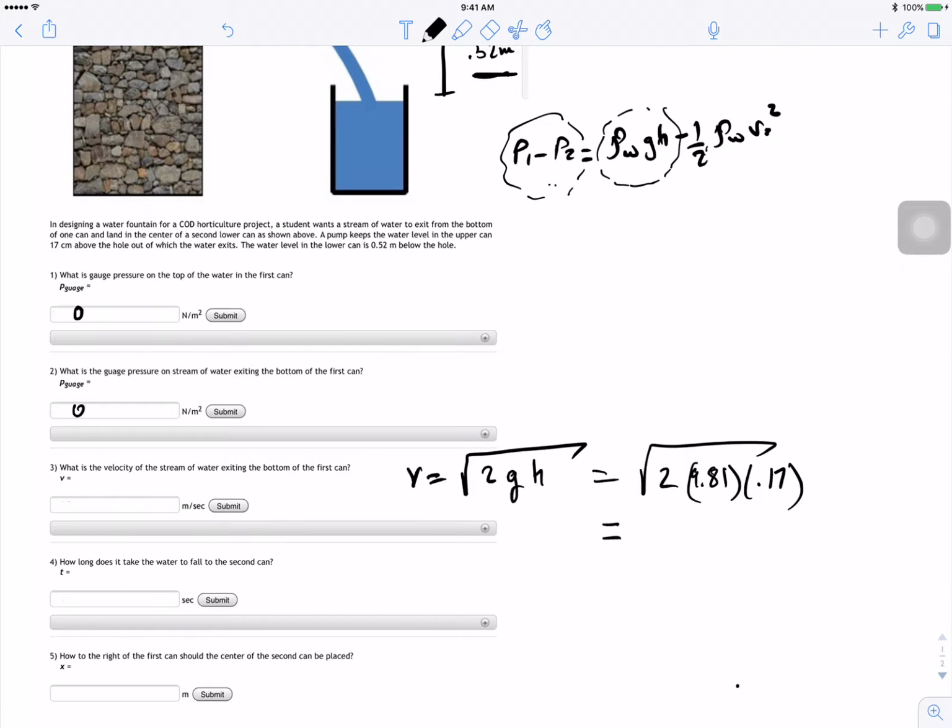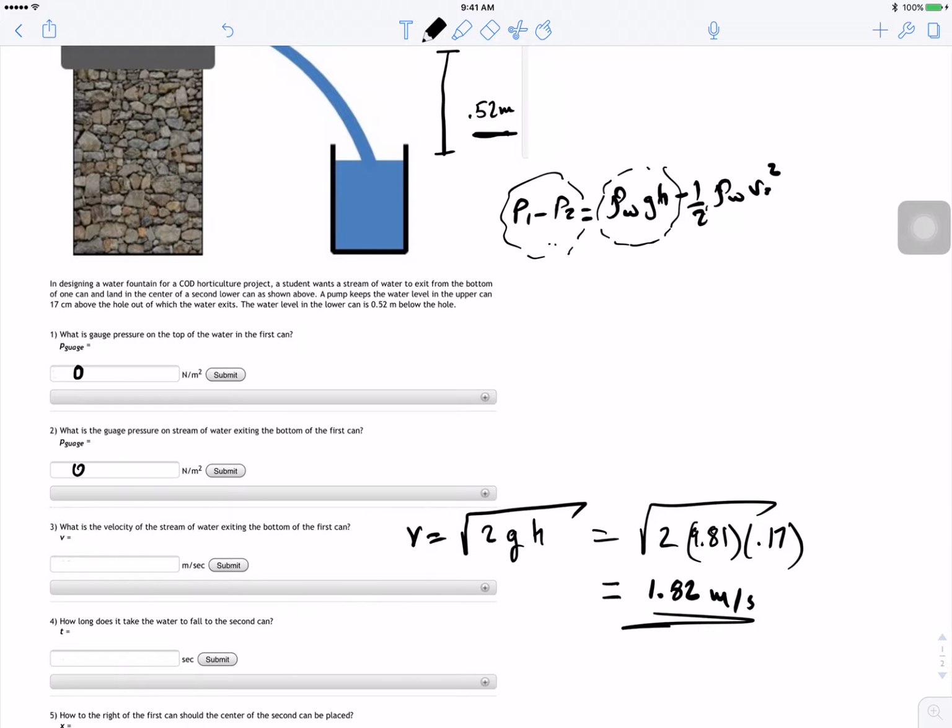Okay, put that in, and I got 1.82 meters per second.